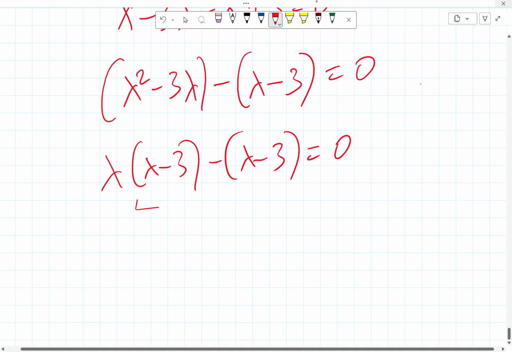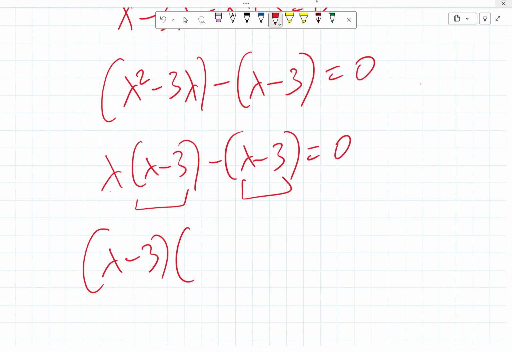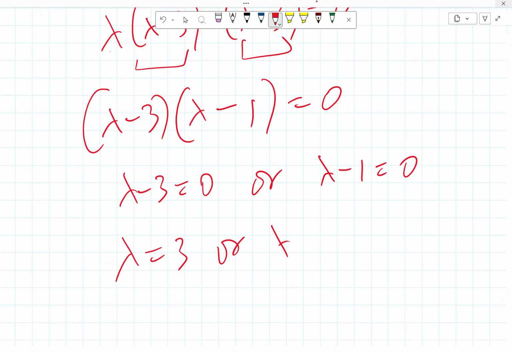Lambda minus 3 is common, so we have lambda minus 3 into lambda minus 1 equals 0. If you expand this, you get that back. So lambda minus 3 equals 0 or lambda minus 1 equals 0, because if the product of two factors is 0, either one is 0 or both are. So lambda is equal to 3 or lambda is equal to 1.